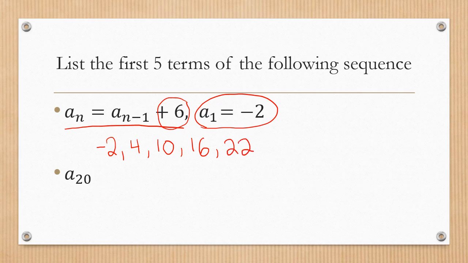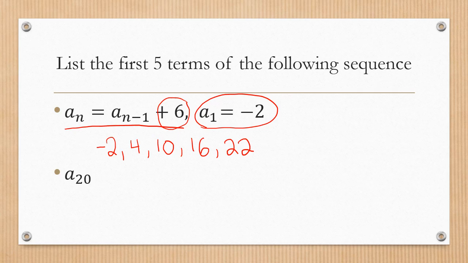Now, the question is also asking me for the 20th term. That means I need to keep adding 6 until I can get to the 20th term, which is one way. But I can also use a shortcut to get the answer.